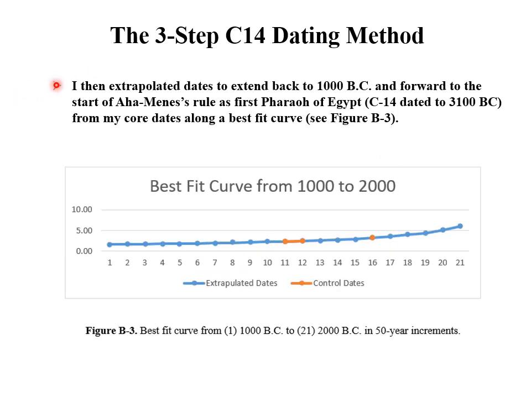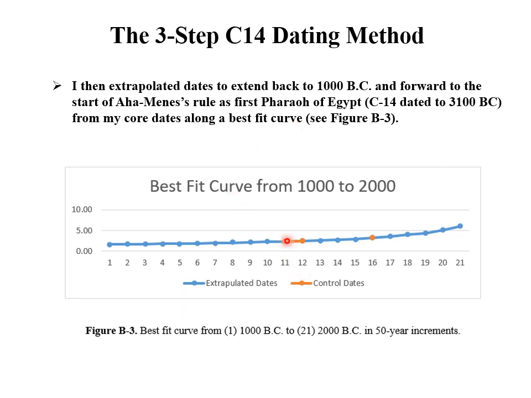So here in the next step, I then extrapolated dates to extend back to 1000 BC and forward to the start of Ahamen's rule as the first pharaoh of Egypt. We have that date as 3100 BC, that carbon-14 date, and from my core dates along a best fit curve.